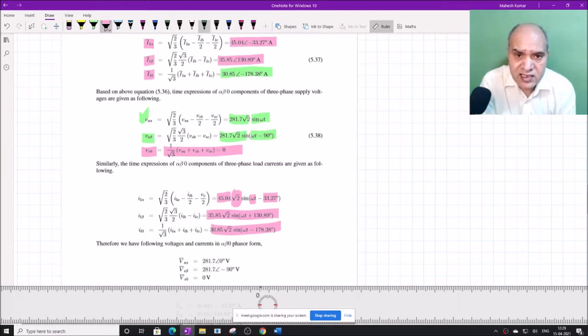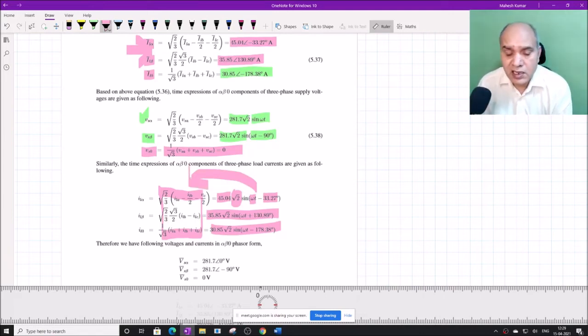Why am I writing these expressions, although I am not using them? Just to tell you that they are equivalent to this, they are equal to this. But in the computation I have not used these. In the computation I have used phasors. You can see it here, this one. I use phasors, not the instantaneous values, because it is difficult to simplify them. So first we transform into phasors because only one frequency is there, and then convert back into the time domain. But it is equal to this value.